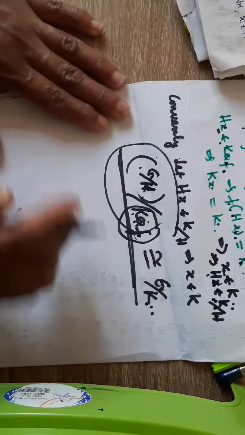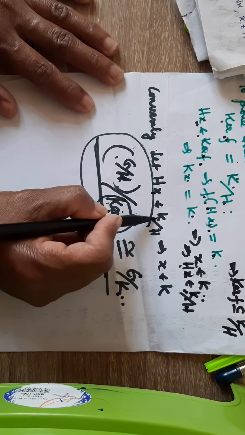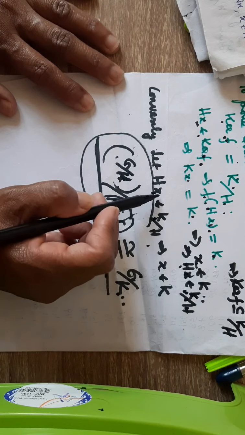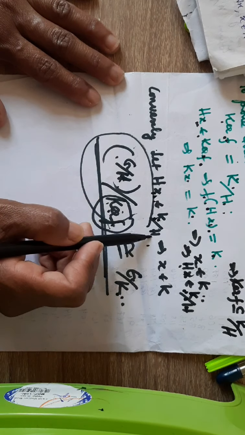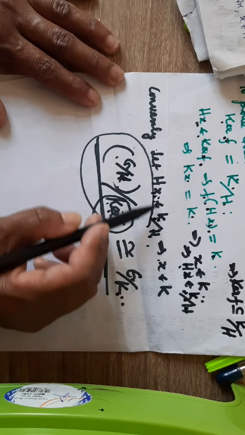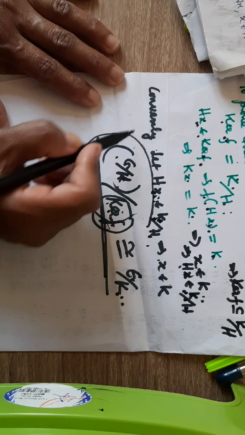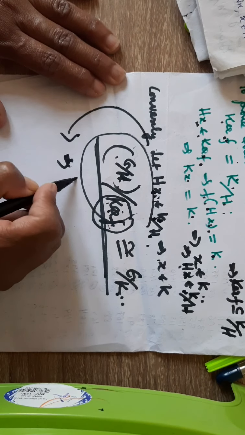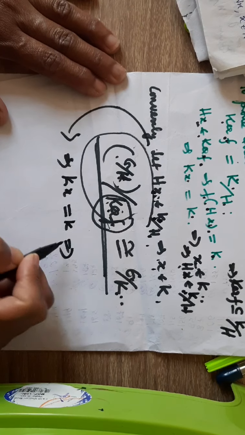Now next, let us show that for any element Hx belonging to K by H, we need to show that this Hx belongs to kernel of F. So if Hx belongs to K by H, by definition of quotient group, it implies that this x should be an element of K. And from here it implies that if x belongs to K, then Kx is equal to K. And what is Kx?